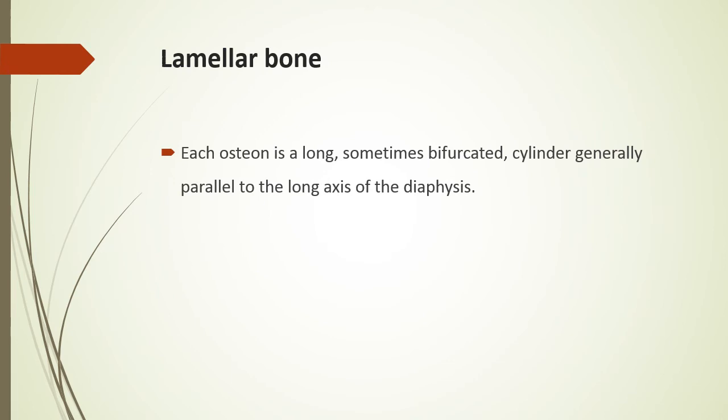Each osteon or Haversian system is a long, sometimes bifurcated, cylinder, generally parallel to the long axis of the diaphysis, the shaft of the long bones.